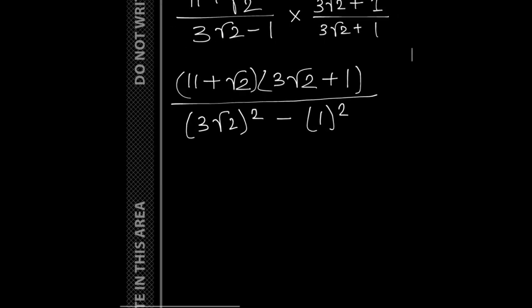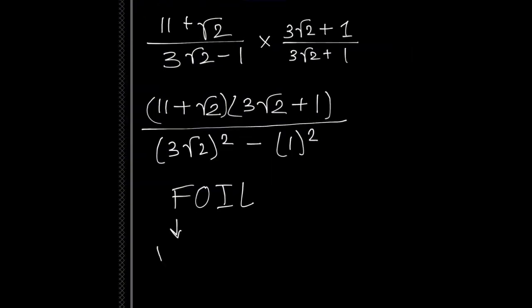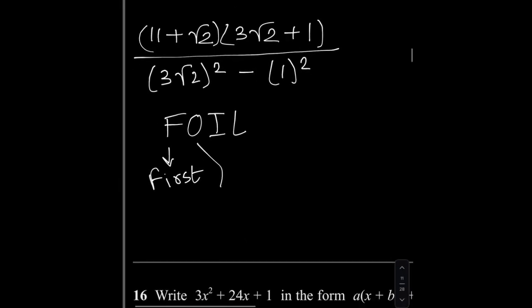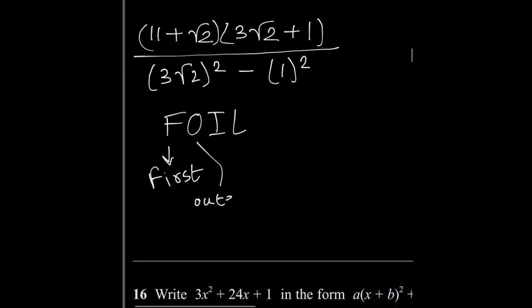So now let's multiply 11 times, let's use the FOIL method. I hope all of you guys know the FOIL method. FOIL stands for first, and the F. O stands for outer, I stands for inner, L stands for last.